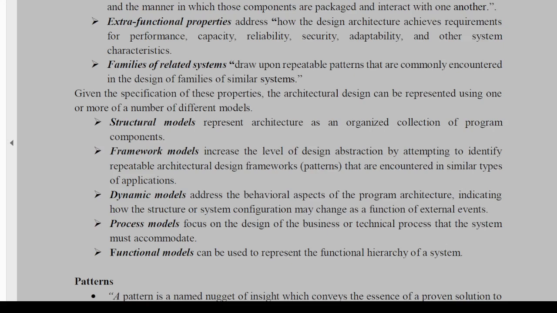Dynamic model addresses the behavioral aspect of the program architecture, indicating how the structure or system configuration may change as a function of external events. And process model focuses on the design of the business or technical process that the system must accommodate. And functional model can be used to represent the functional hierarchy of a system.